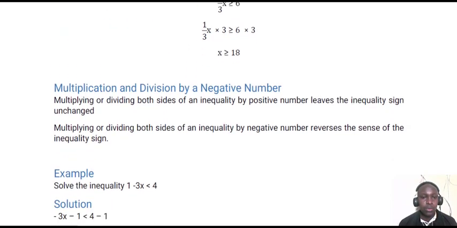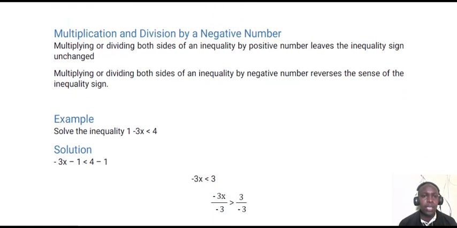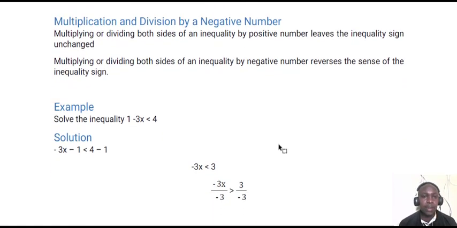Now let's go to multiplication and division by a negative number. Suppose we are either multiplying or dividing by a negative number. How do we go about this? Multiplying or dividing both sides of an inequality by a positive number leaves the inequality sign unchanged. I repeat this.